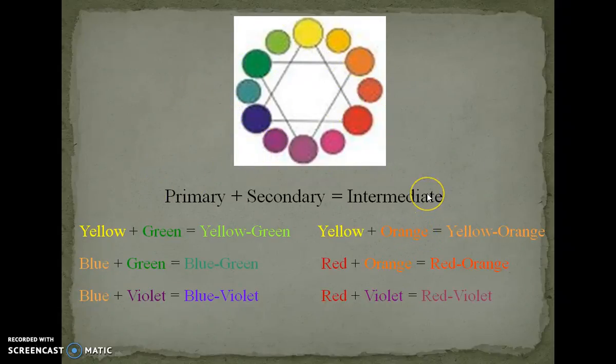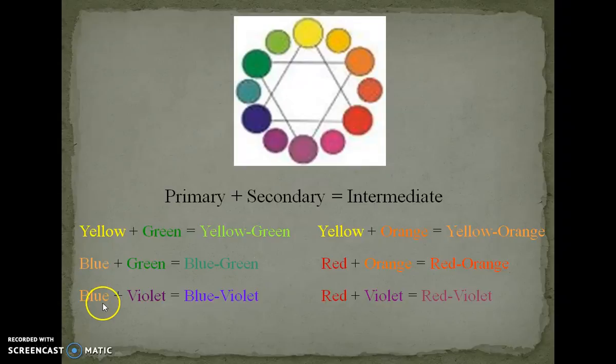There are six intermediate colors: yellow green, blue green, blue violet, yellow orange, red orange, and red violet. When you mix yellow and green, it becomes yellow green. When you mix blue and green, it becomes blue green.